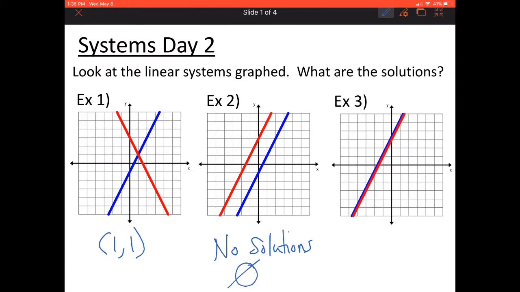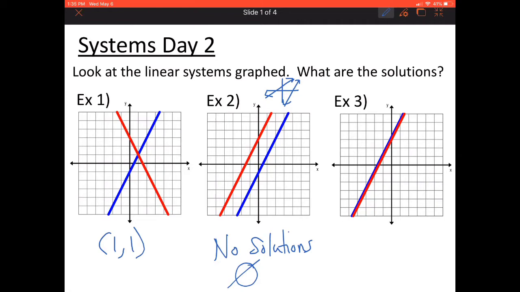Now just be careful with this because these will never intersect because they're parallel. So if I were to draw two lines, let's say there's one line, and let's say here's the other line. Well, those two lines don't intersect yet, but eventually they would intersect. So that wouldn't have no solution. That would eventually have a solution that you just can't see.